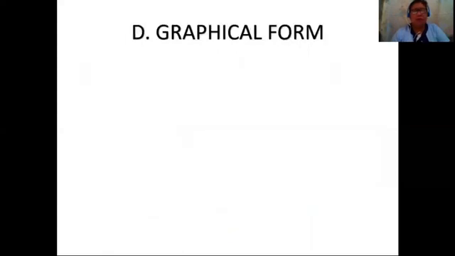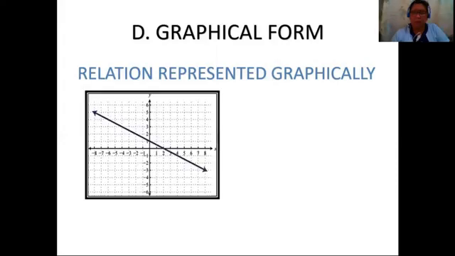We can represent a relation or a function using graphical form. For example, consider this graph. If we're going to cite 3 points like (1, 1), a point with coordinates (2, 0), and a point with coordinates (4, -1).